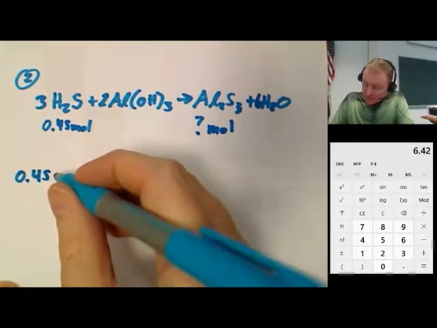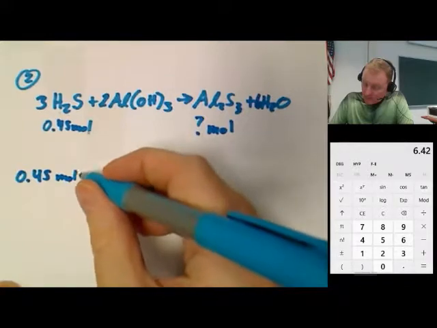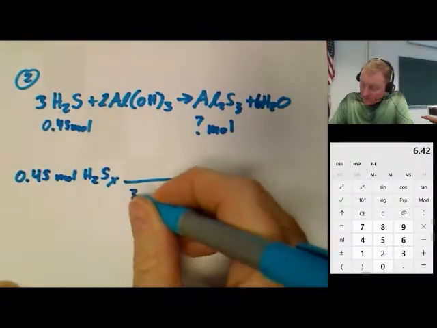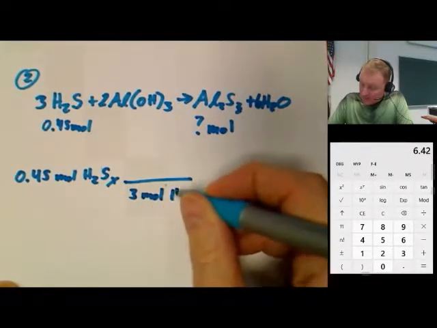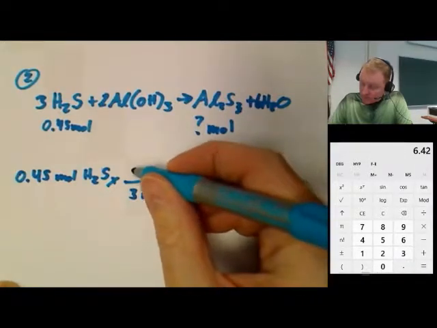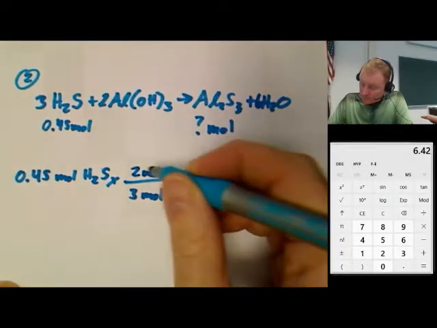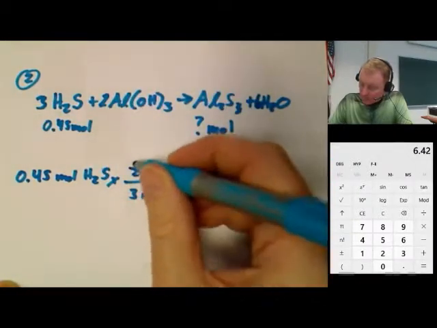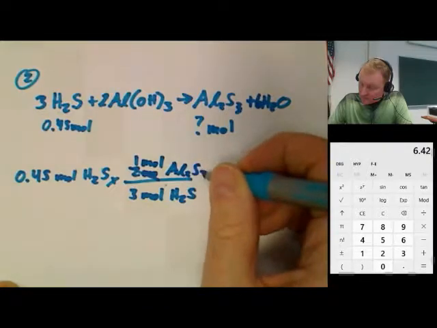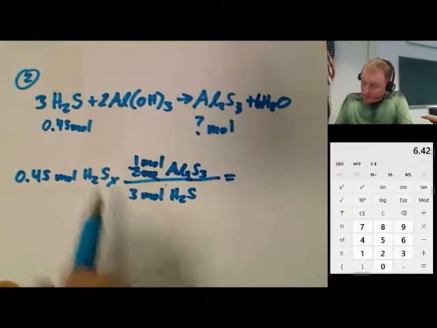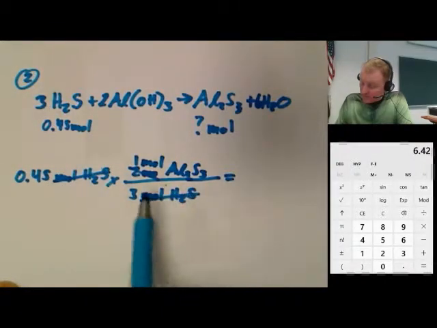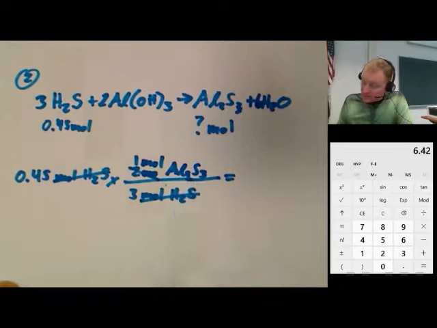I would take 4.5 moles of hydrogen sulfide, for every 3 moles of hydrogen sulfide, I'm going to get 1 mole of aluminum sulfide. The hydrogen sulfide cancels out. I have 1 mole of aluminum sulfide.